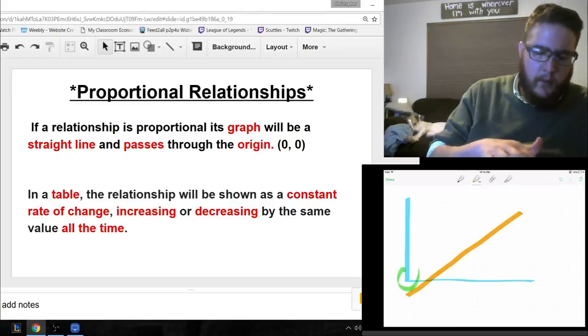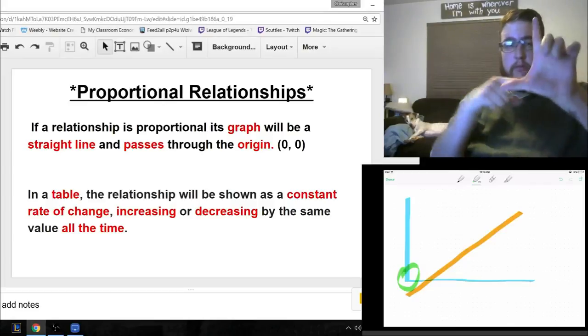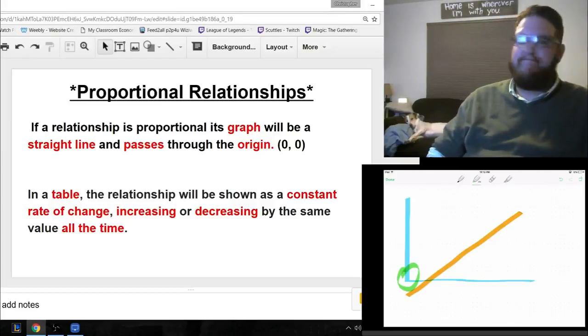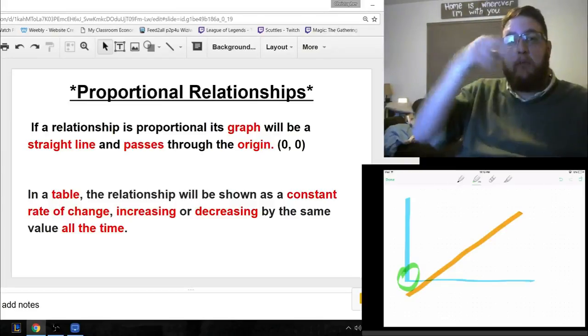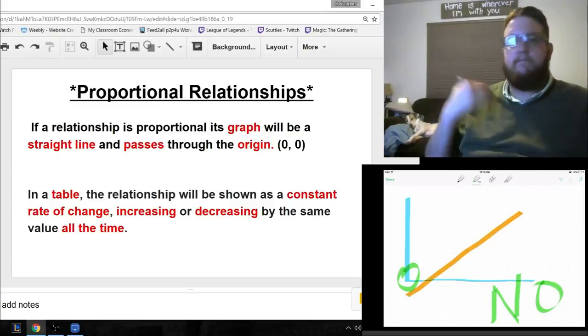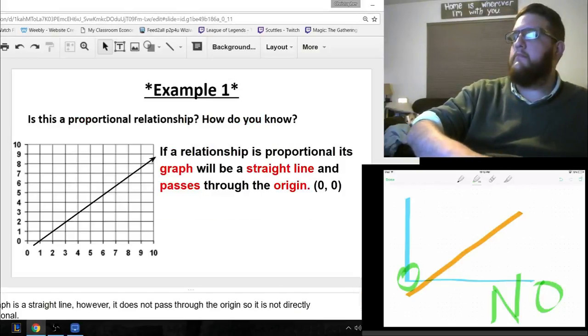Our origin is right here. It's where our x and y axes meet, right at that little corner. But you'll notice our line does not go through the origin. Therefore, we cannot determine that this is proportional. This is not a proportional relationship.